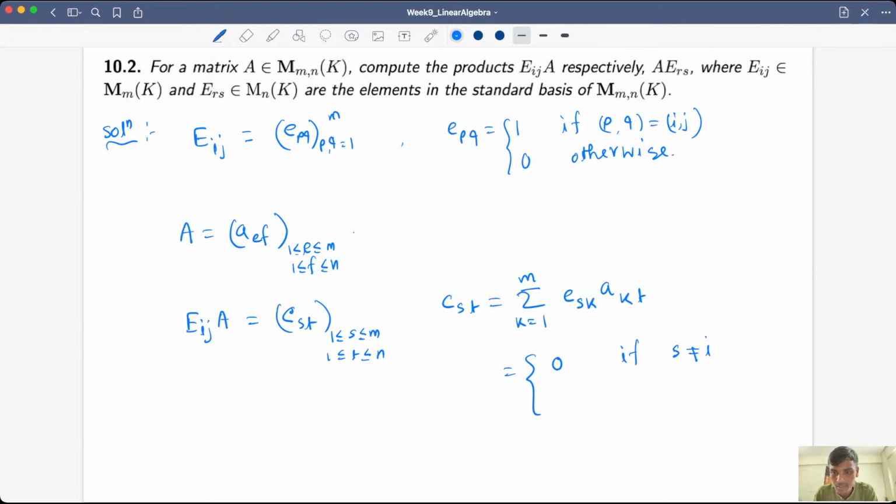If s equal to i, then for k equal to j I will have 1, so that will give me a_jt, right? So k is running over 1 through m, and for k equal to j I get that this is e_ij, which is 1, so for that entry I only get a_jt, right?